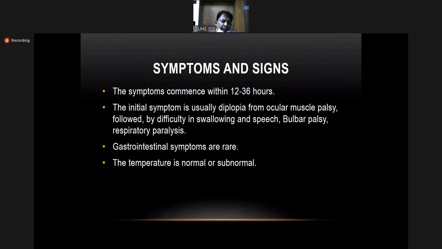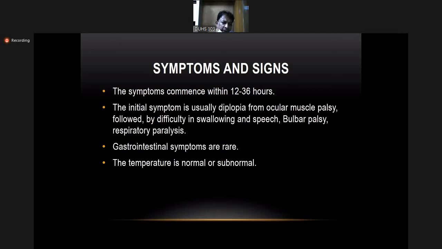So it paralyzes the smooth muscles. It starts from the eye, ocular muscle palsy, followed by difficulty in swallowing and speaking, in the throat, in the glottis, bulbar palsies, and in the smooth muscles of the eyeballs, and respiratory paralysis, the smooth muscle in the alveoli.